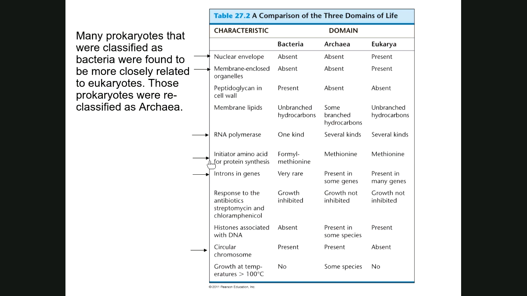Go down here. Initiator amino acids for protein synthesis. Okay, everybody, when you go over gene expression, you talk about transcription, which is catalyzed by RNA polymerase. Then you go into translation. And you talk about how RNA polymerase synthesizes a molecule of RNA. What's that RNA specifically called, everybody?